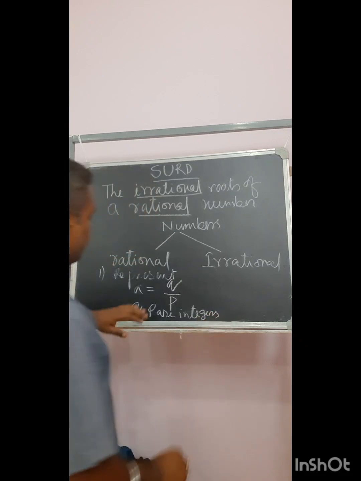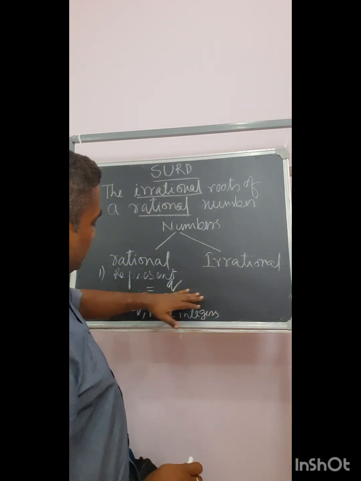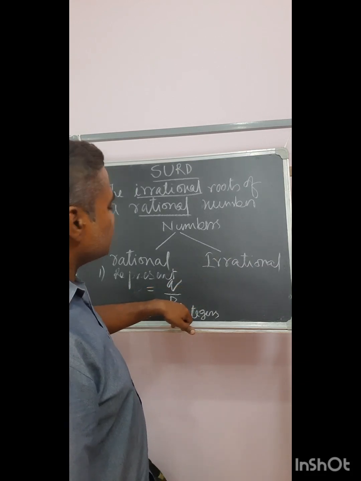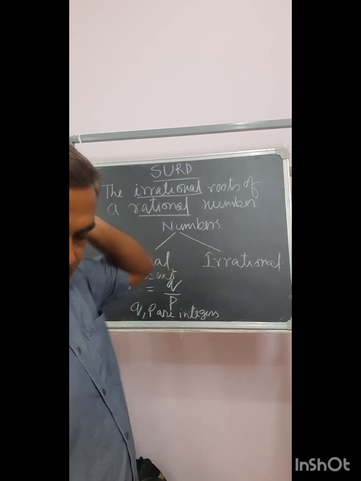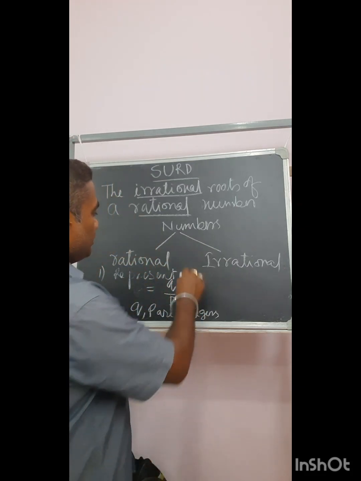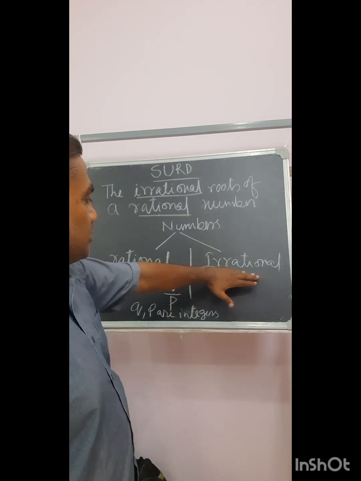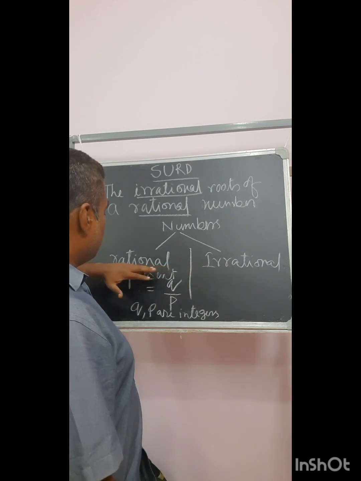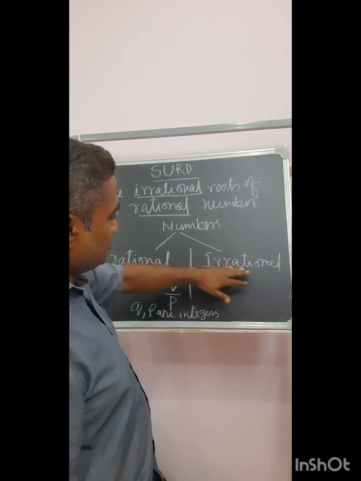If I can represent a number as a ratio of two integers, then it is definitely a rational number. These two terms, word-wise, you can understand, are opposite to each other. Rational is just opposite to irrational.